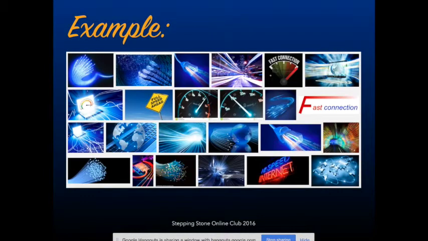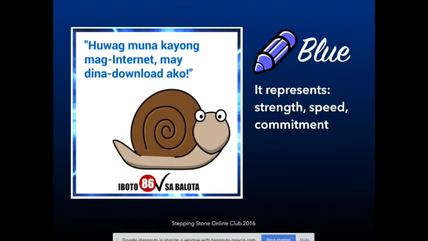So here's an example from one of my previous clients. The brand is about faster internet. If you search fast internet, fast connection, speedy, and so on, you'll see these photos on Google. When I pitched my proposal, I recommended a unique branding that could be used on their social media posts. So I made the border blue with an effect of lights because blue represents strength, speed, and commitment.